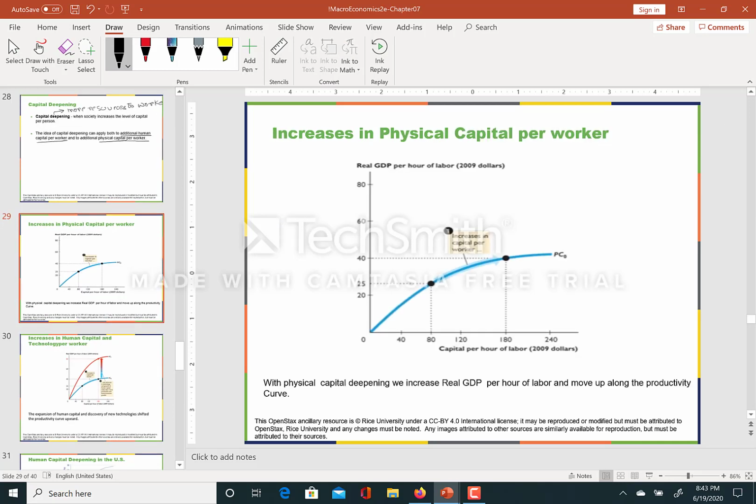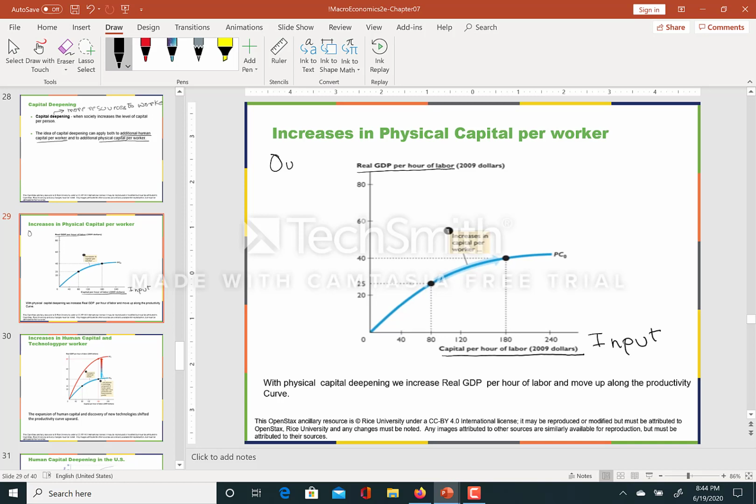Look into this graph here. On the horizontal axis, we have capital per hour of labor. On the vertical axis, we have real gross domestic product per hour of labor. This one is an input.